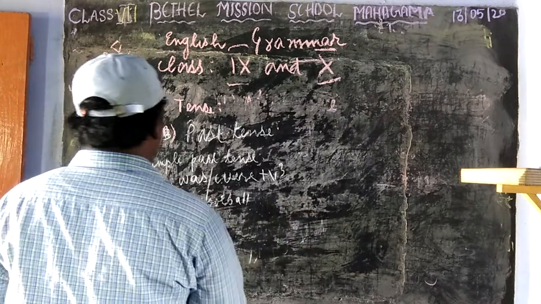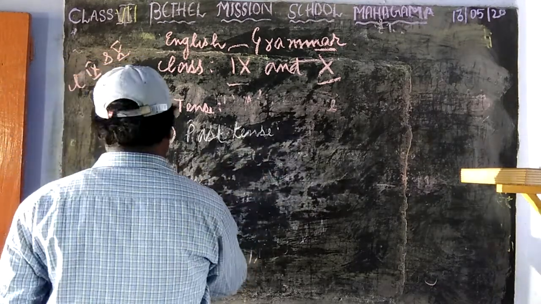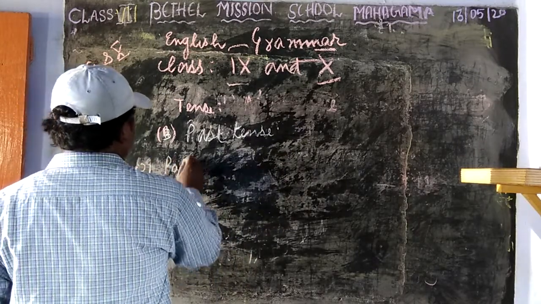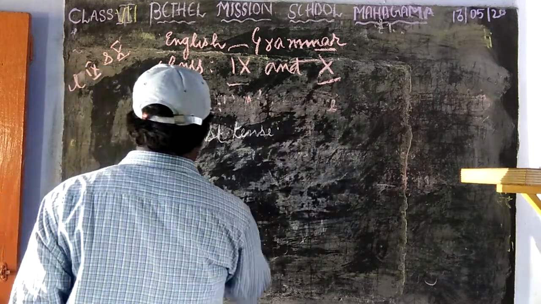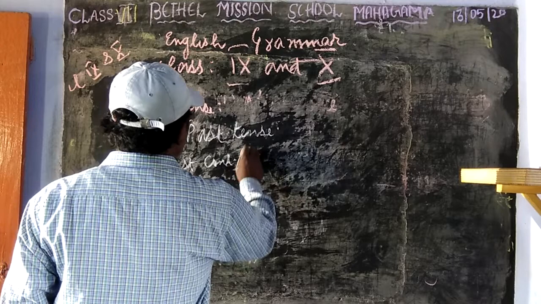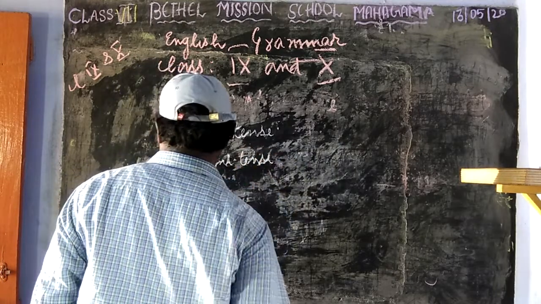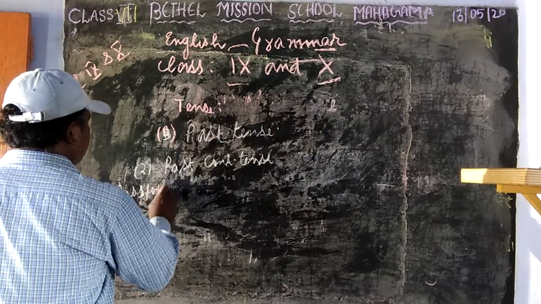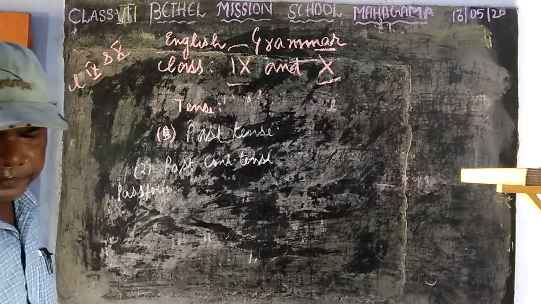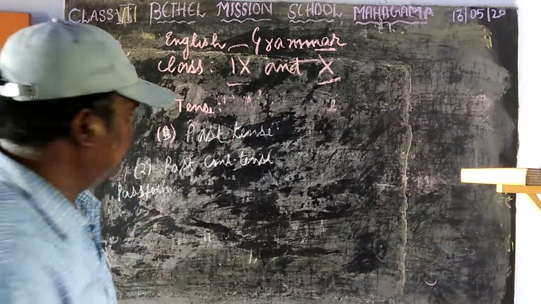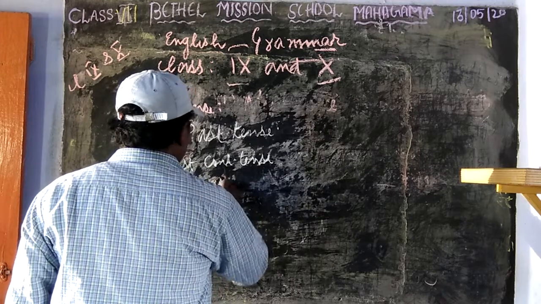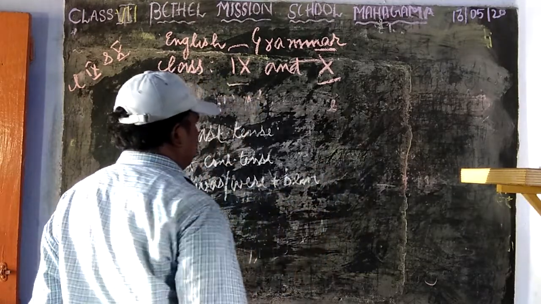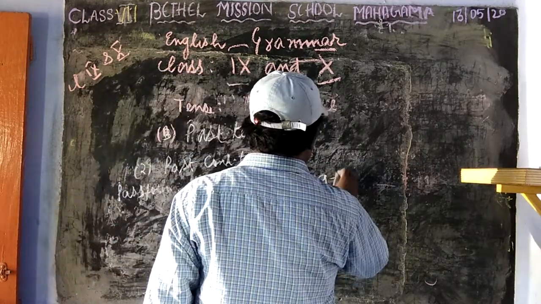The next is past continuous tense. Passive form is was, were plus being plus V3.